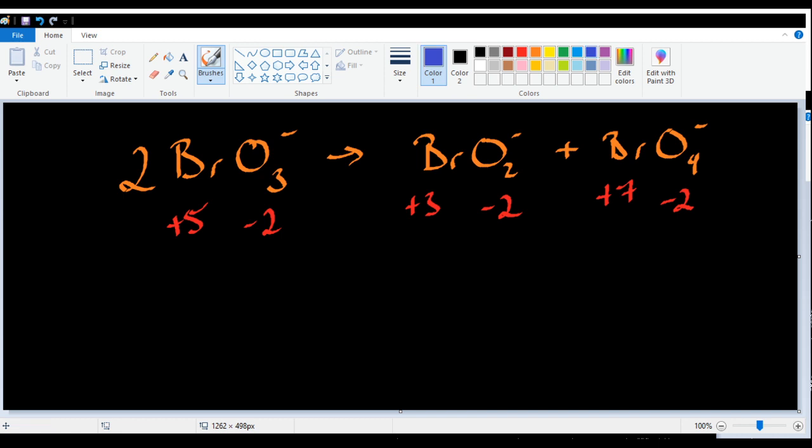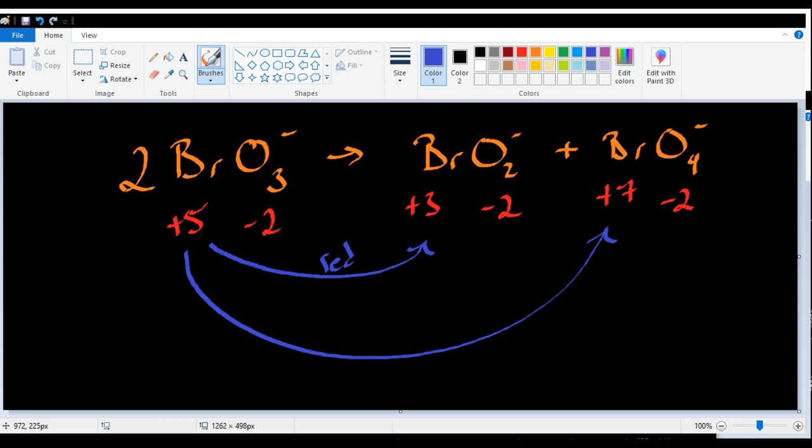So when it goes from +5 to +3, it's being reduced. When it goes from +5 to +7, it's being oxidized. So what's happening is these two bromate ions are colliding, and one of them is stealing an oxygen atom from the other, stealing the bond, stealing the electrons.